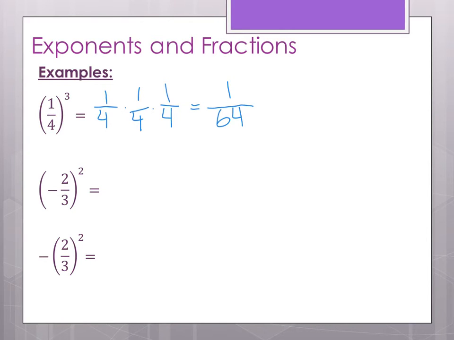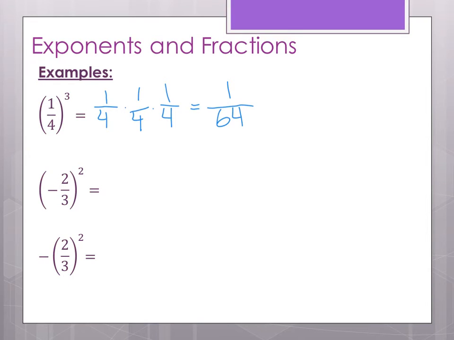Now remember our exponent rules. When I have a negative on the inside of my parentheses with my exponents, I'm going to have to repeat this negative sign every time I repeat my base. When I have it on the outside, it just gets carried over once, and I repeat just what's in the parentheses, here the positive 2/3.